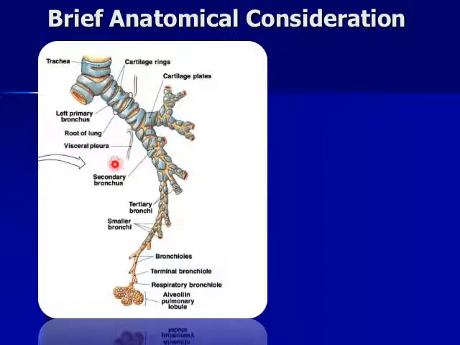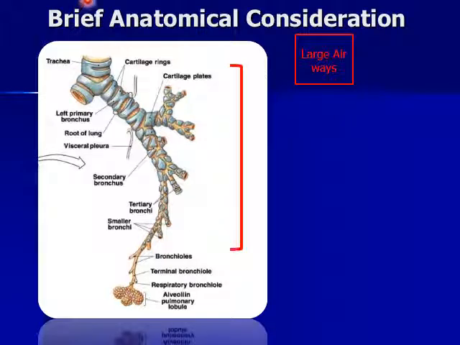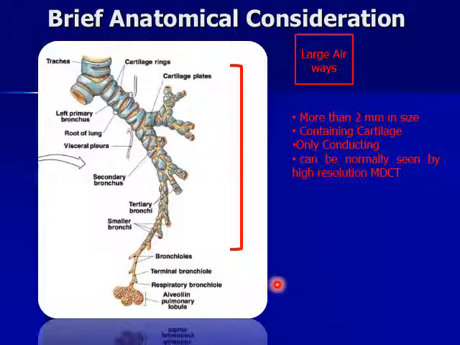As you know, we have large airways and small airways. The large airways start from the bronchi down to the bronchioles. They are more than 2 millimeters in size, containing cartilage, only conducting, can be normally seen in high-resolution CT.